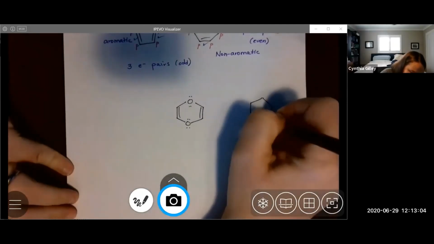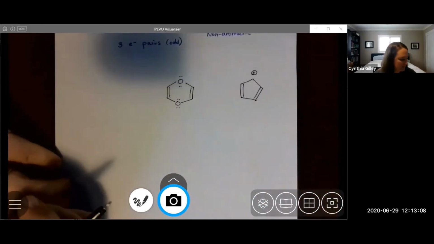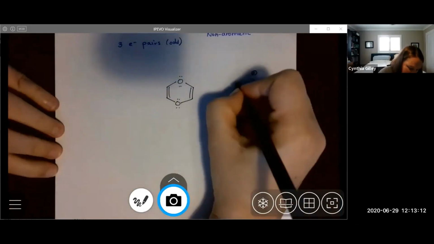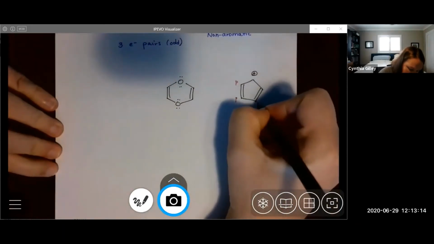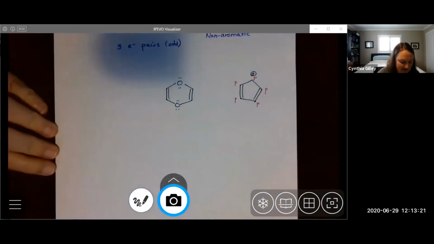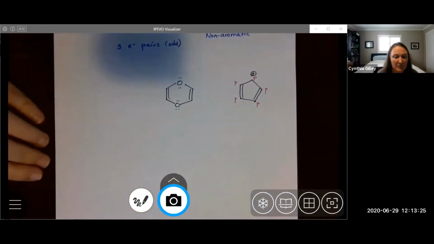This is the classic example here of the anti-aromatic compound. Because think about the orbitals, right? It's got a p orbital all the way around the ring. And it has a p orbital here, and it has no choice, right? It has an empty p orbital. If it had a lone pair, that lone pair could go into a few different orbitals.